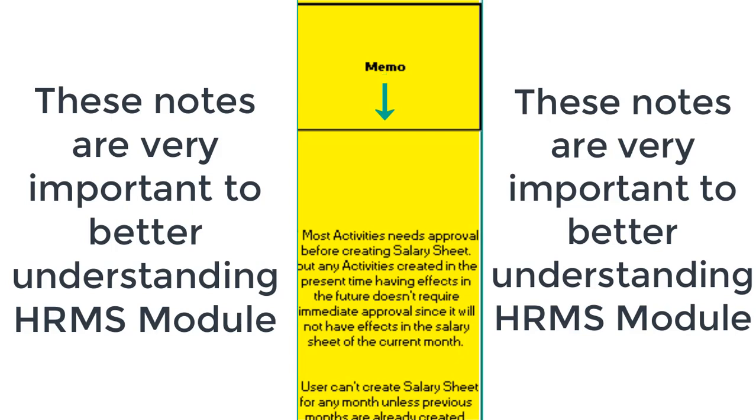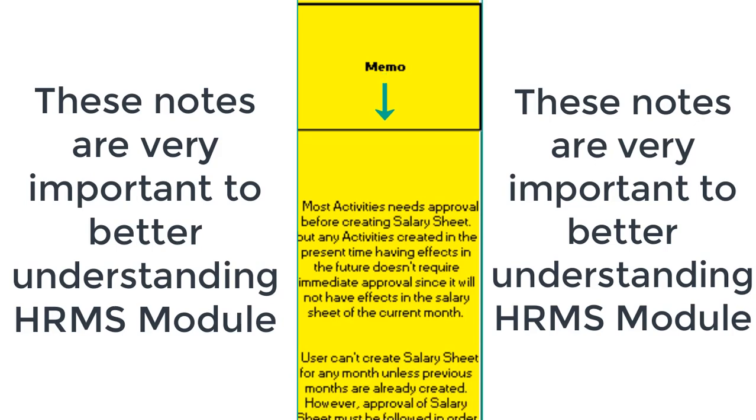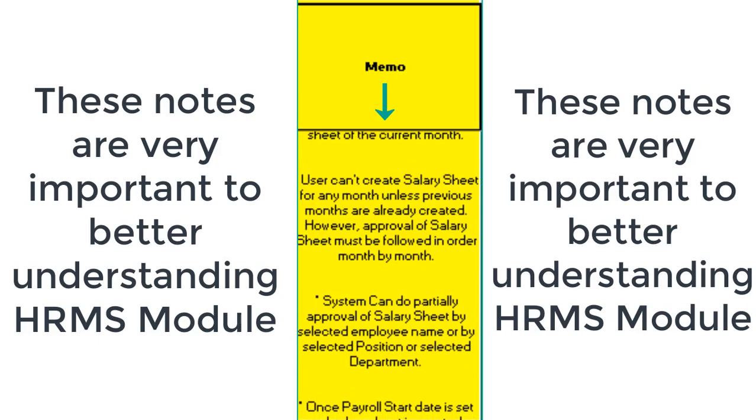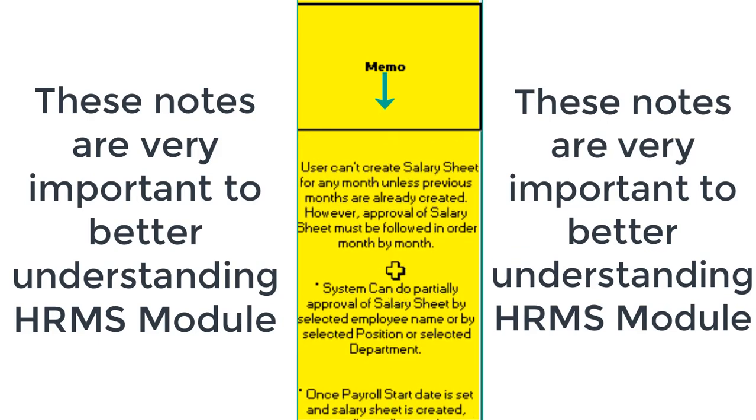For example, if an activity requires approval, but after 2 or 3 months, it can be postponed. However, if it will be affecting the current salary sheet for this month, then it must be approved as soon as possible. And the user cannot create salary sheets for any month unless the previous month is created. So you cannot skip months in creating the salary sheet.